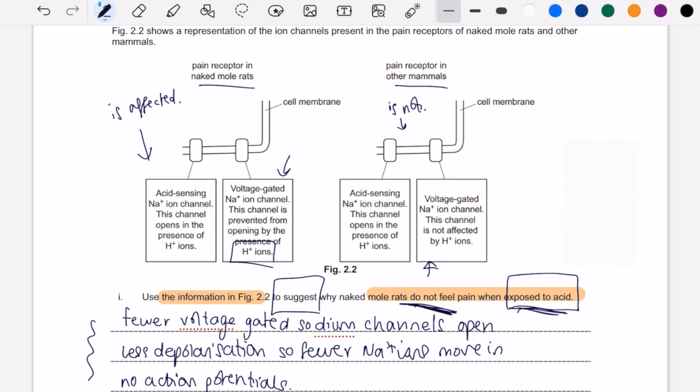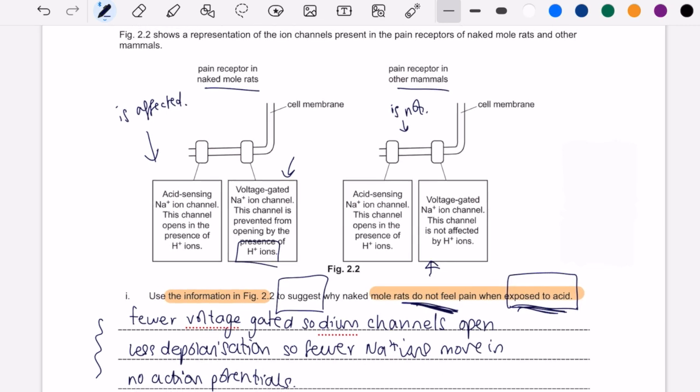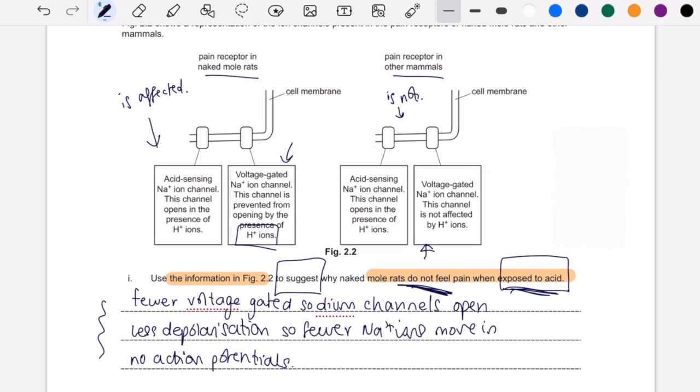You always talk about depolarization, action potential, either channels open or close, and depending on whether it is open or closed, that says whether depolarization or the action potential happens or not. So write that down as your little mark scheme exam technique note, wherever you write your notes.